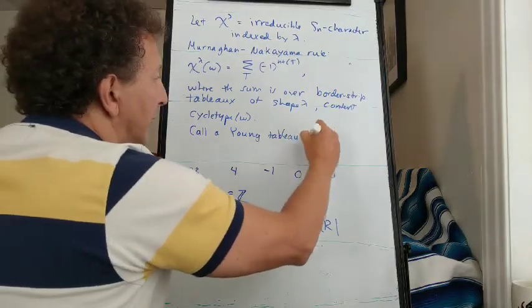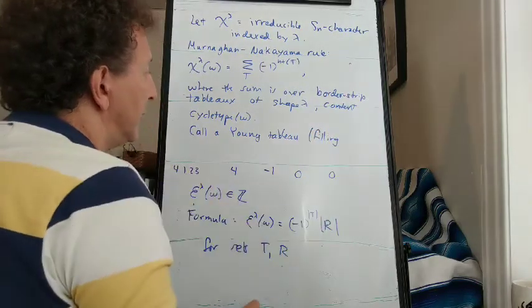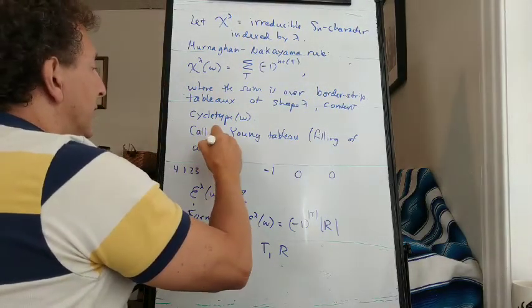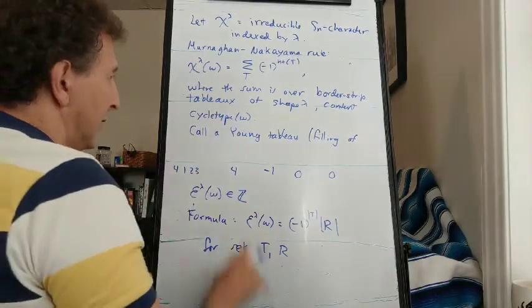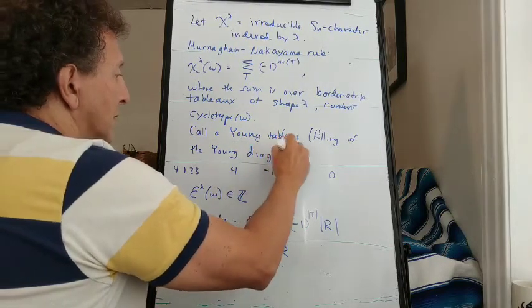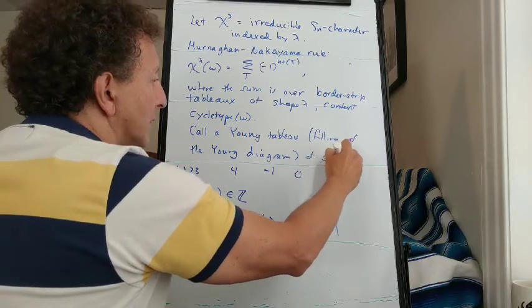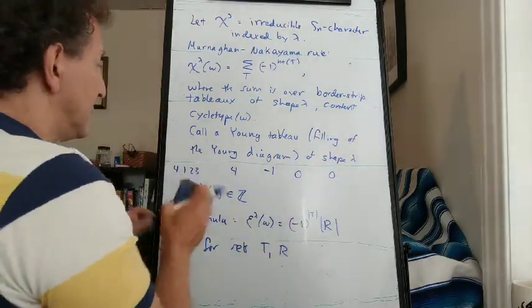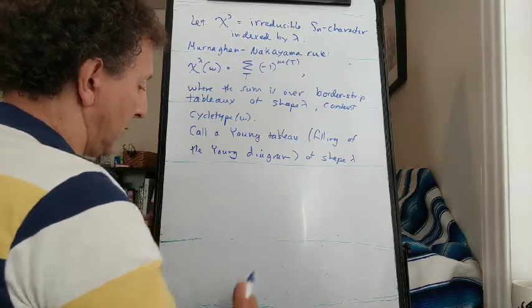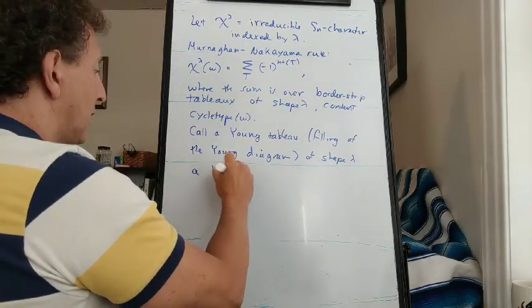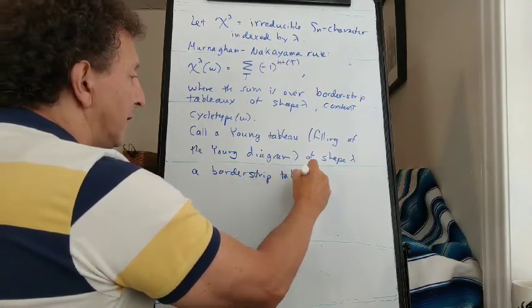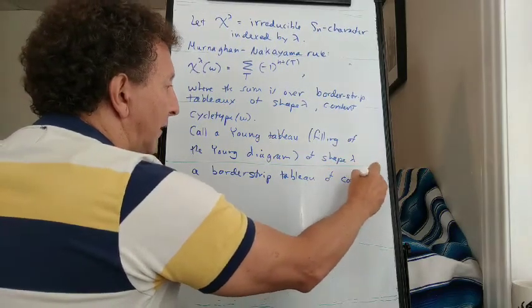So call a Young tableau, which is a filling of the Young diagram of shape lambda, a border strip tableau of content mu.